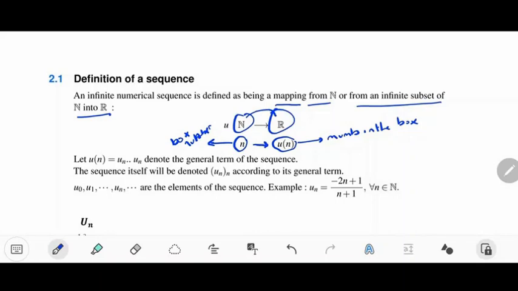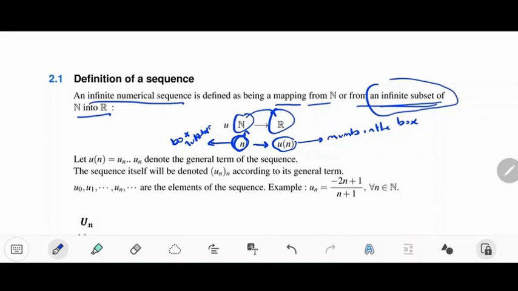Of course, since the number of n's in big N is infinite, the sequence is an infinite numerical sequence. It can go from N or from an infinite subset of N. It means that we can start by the box number 5 and go on. It's not necessary to start with n equals 0. That's why it can be defined from an infinite subset of N instead of N.